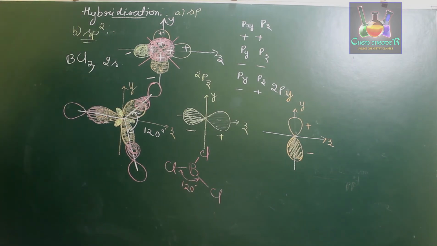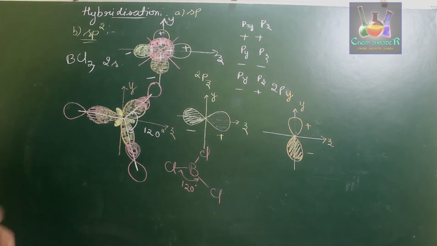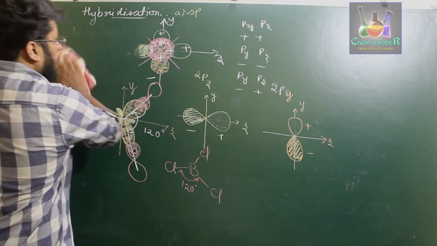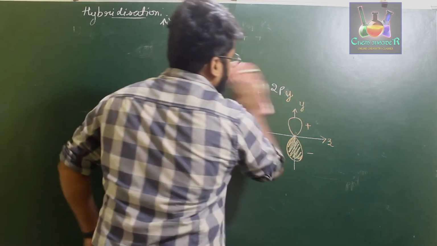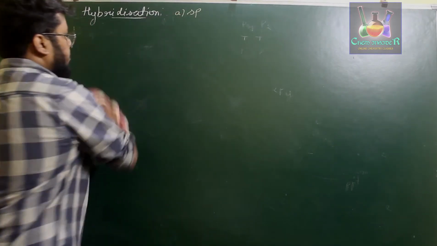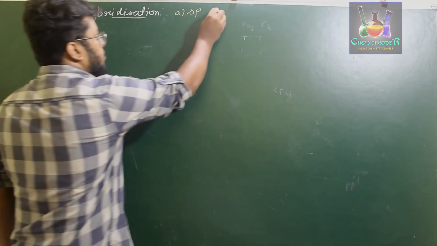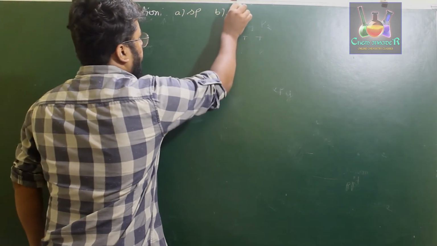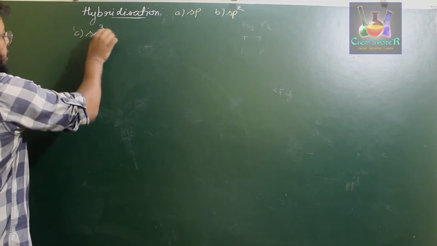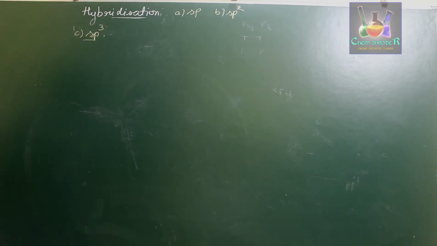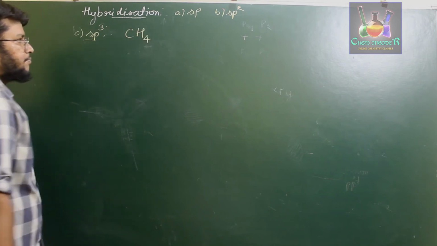Okay, so now we'll discuss sp3 hybridization. We are done with sp and sp2 hybridization, so next we'll consider sp3 hybridization. For this, let us take the example of the methane molecule, CH4.